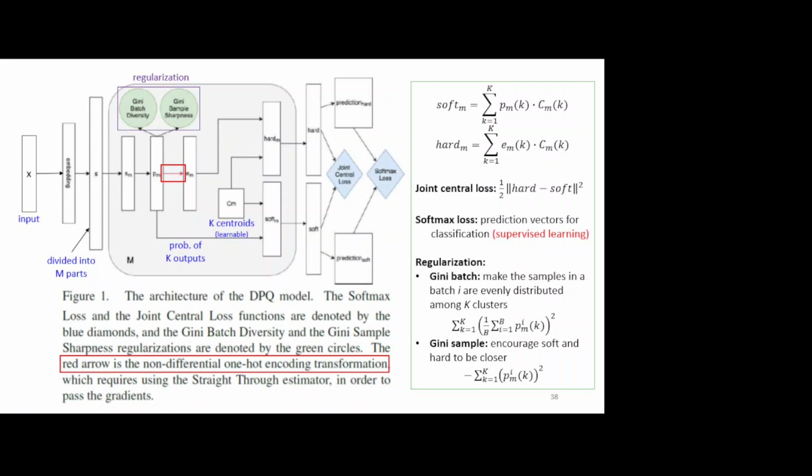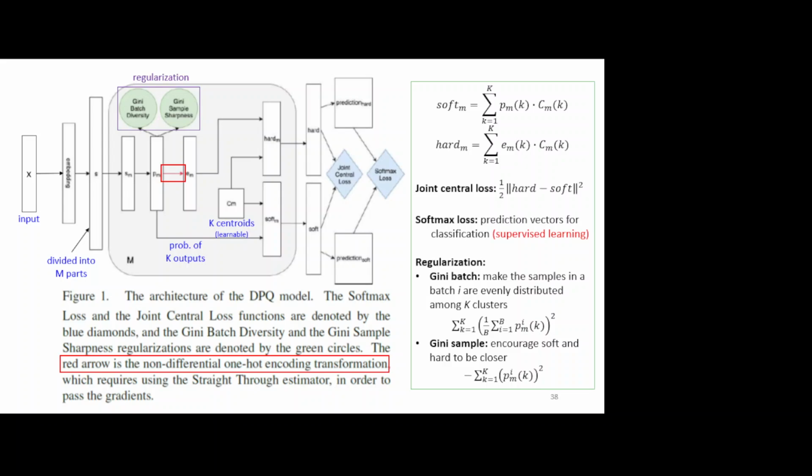Here, this red arrow means it's a non-differentiable encoding. Why? This step from Pn to En is a hard encoding. Hard encoding, we generate one-hot. But the one-hot is just to pick which one is the highest, right? So you see the 0.6 is the highest among them.